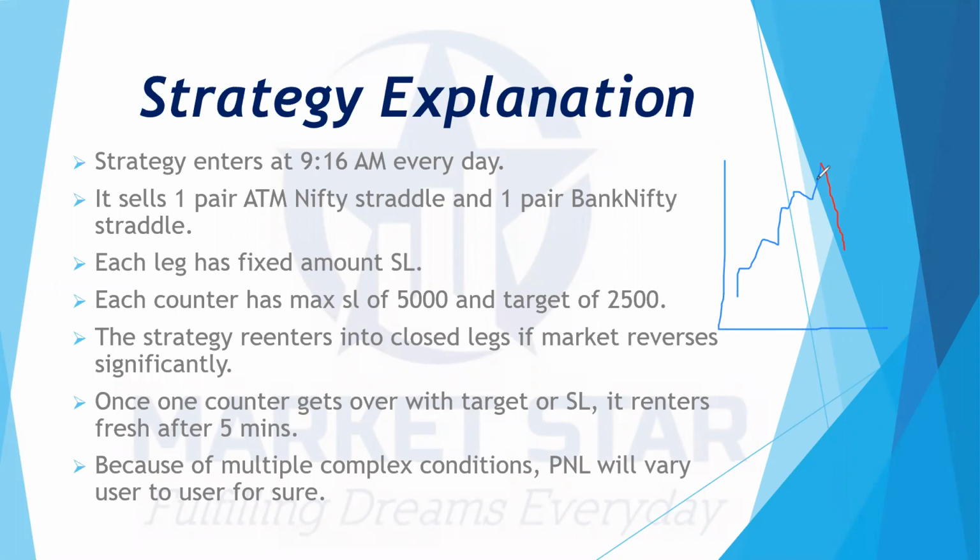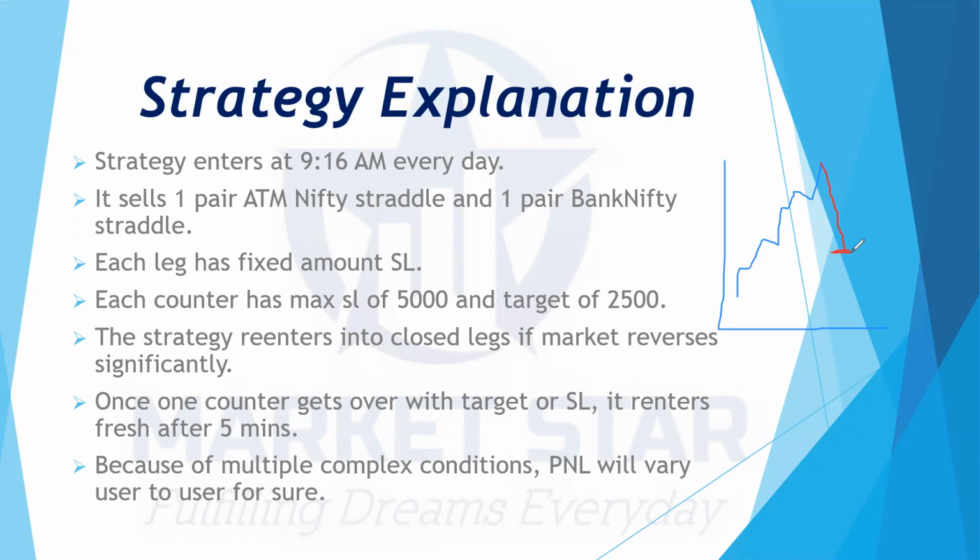User A got 100 rupees premium and for him the stop loss is 150 rupees. Once the 150 rupees stop loss got hit, the market reverses and again makes a low of around 125. So for user A, again the calls will be sold again as per the example.